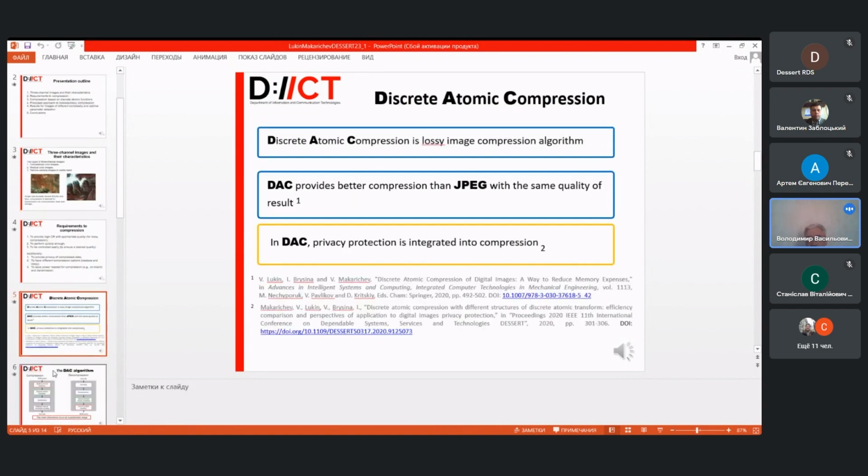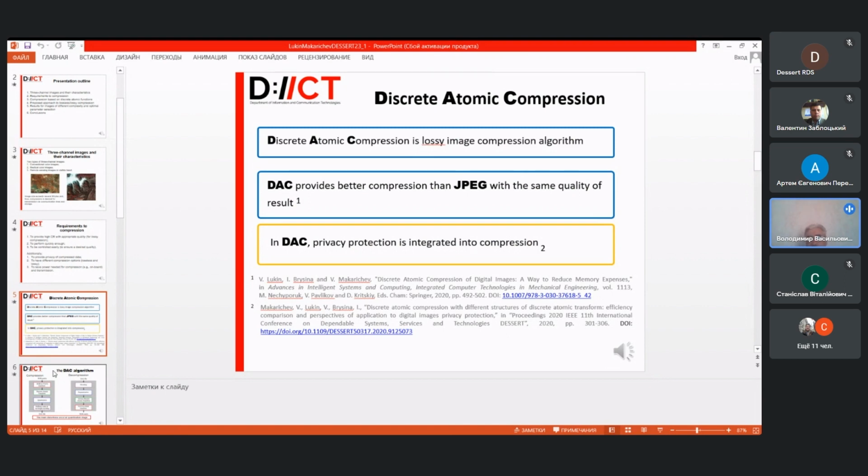So, some words about discrete atomic compression. In general, it is a lossy image compression algorithm. And it is based on atomic functions, which are a specific type of wavelets. Discrete atomic compression provides better compression than JPEG, and even better compression than some other modern compression techniques under condition of the same quality of compressed image.